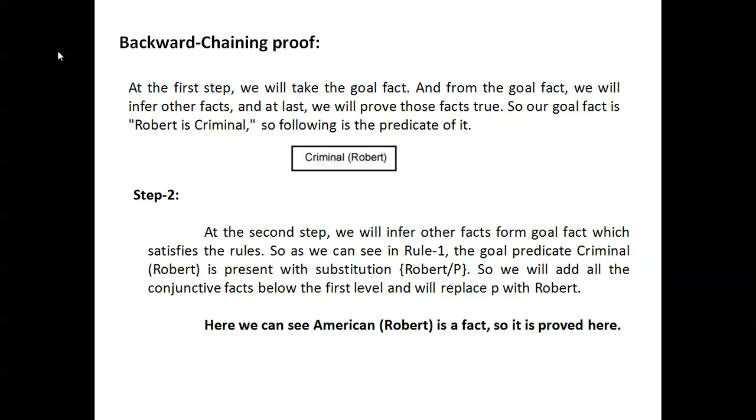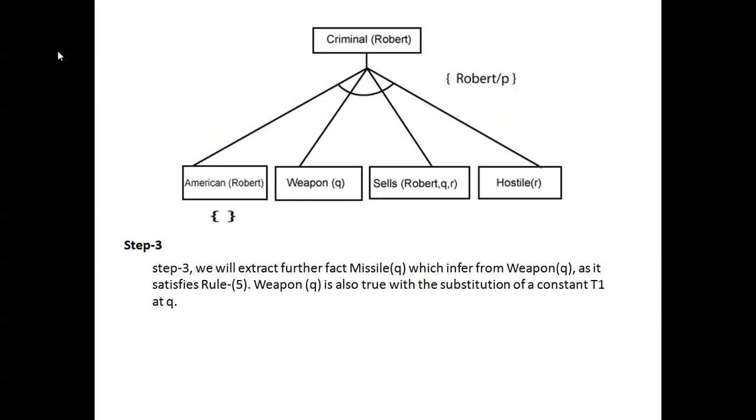In step two, we infer the facts from the goal fact which satisfy the rules. We can see rule 1: we add all the conjunctive facts below the first level, and replace P with Robert. Here we see American Robert is a fact, so it is proved. In step 3, criminal Robert, the level is moving top to down.